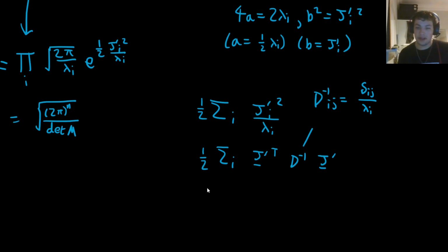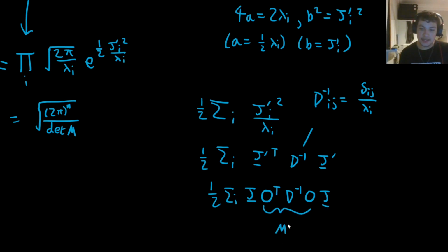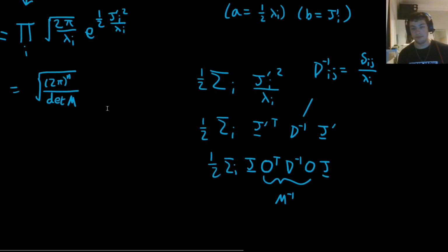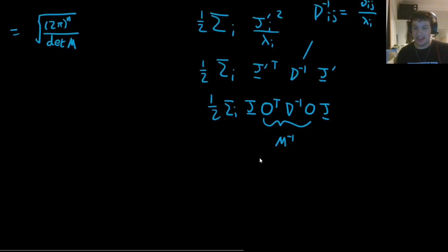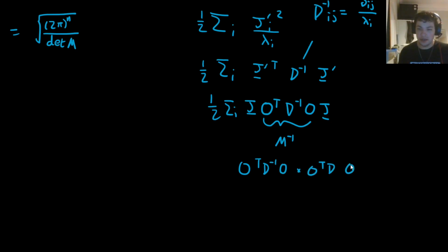Then that's 1/2 sum over i. Let's rewrite this as j O transpose D inverse Oj, and this is M inverse. And why is that? Well, O transpose D inverse O times O transpose D O. Those cancel, those cancel, those cancel.